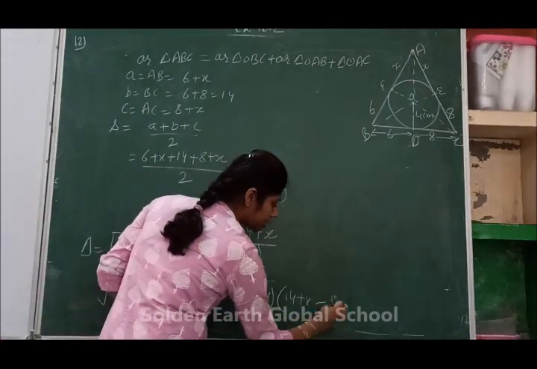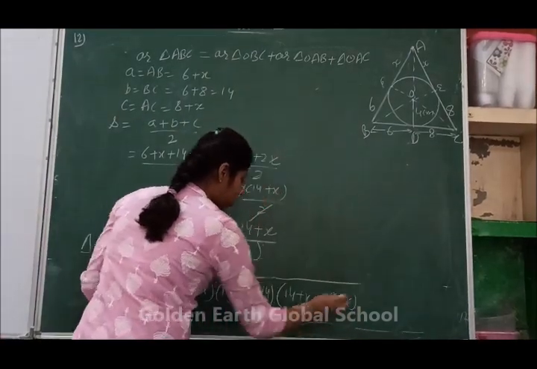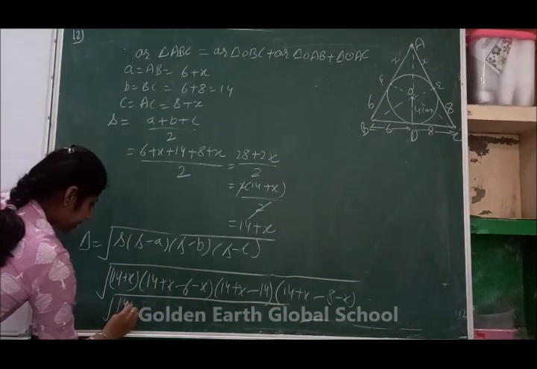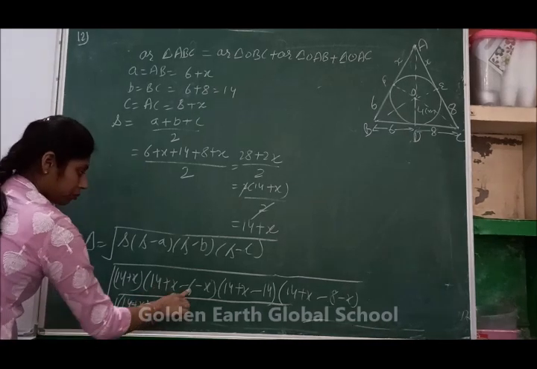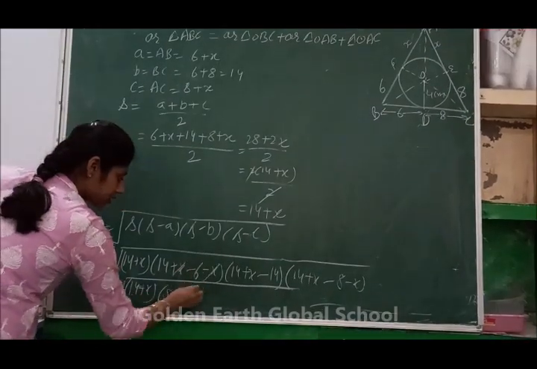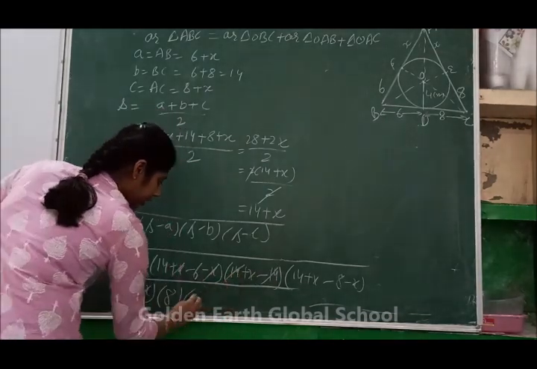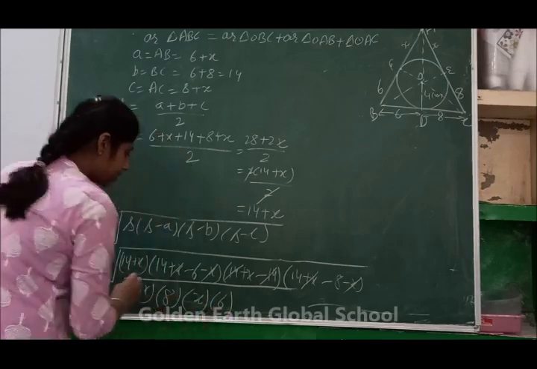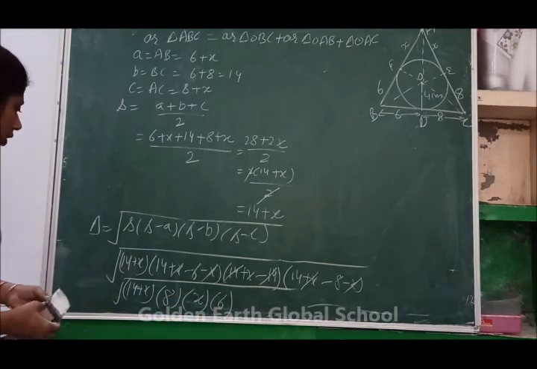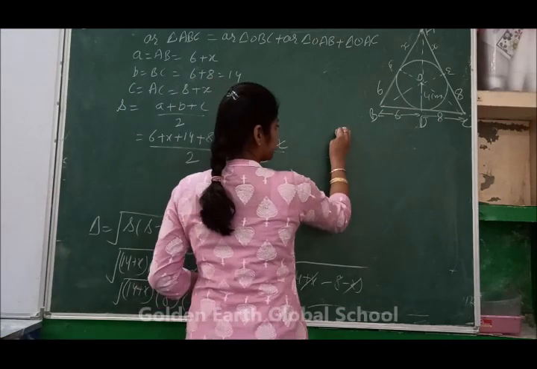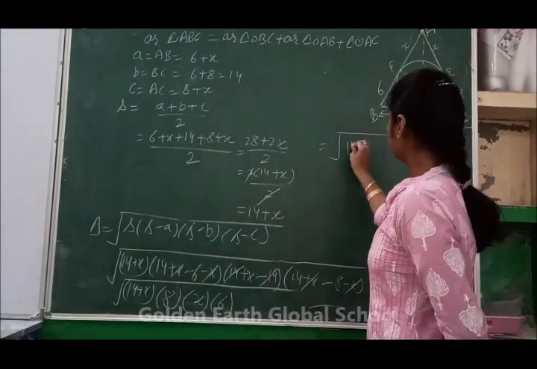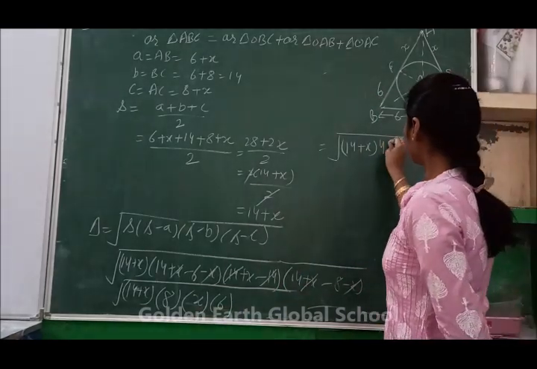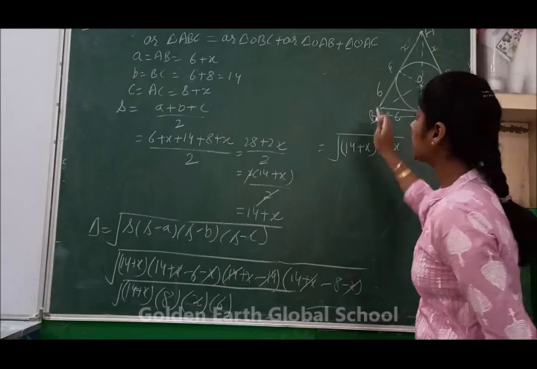Here similarly we change the sign: 14 minus 8 is 6, x is cancelled. Now simplify it. 14 plus x into 8 into x into 6, that is 48x. This is the area of the complete triangle.